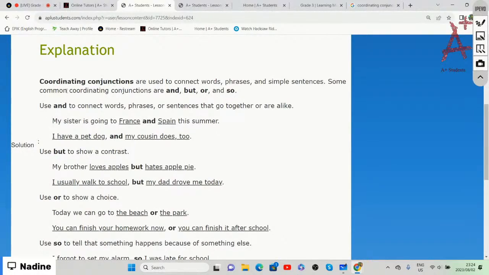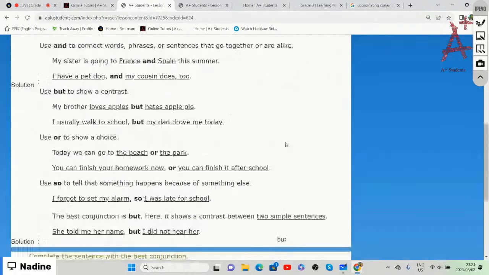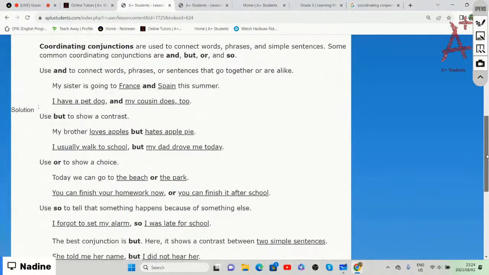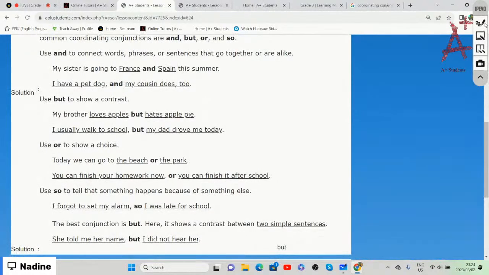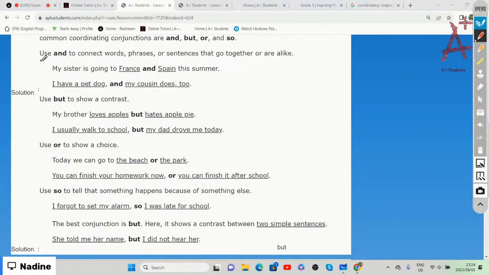It says we use and. So we use and to connect words, phrases, or sentences that go together or that are alike, right? Whenever you identify the conjunction and within a sentence, it means that these two go together or are alike, whether they are words, phrases, or sentences.